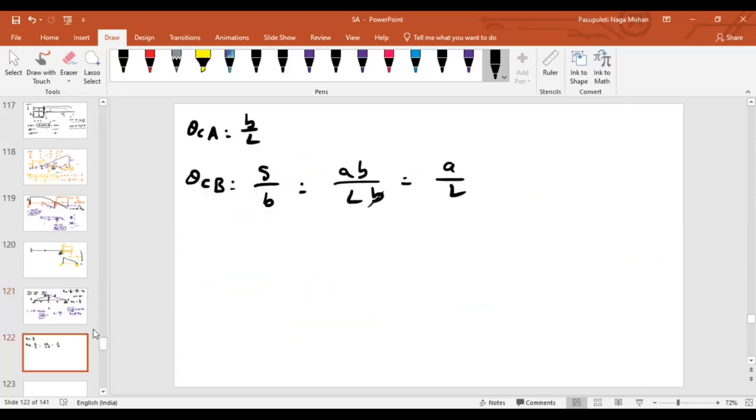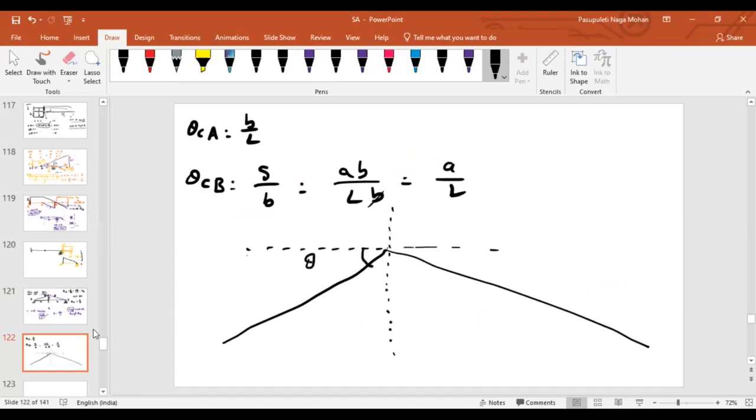Let us say I'm just drawing it enlarged. This is the slope of CA and this is the slope of CB and this is the point. Don't we have any slope here? It is not a horizontal line. That means there is a slope. How can I define the slope then? Extend this line.